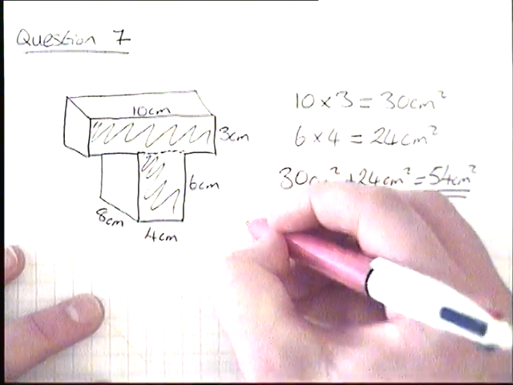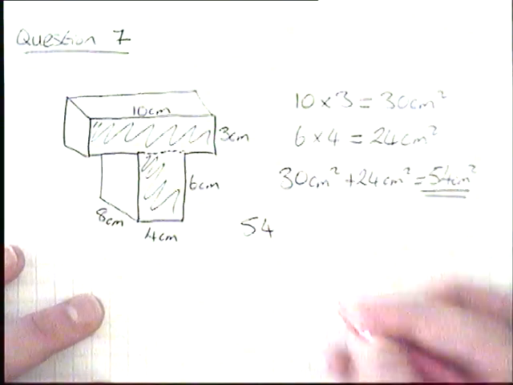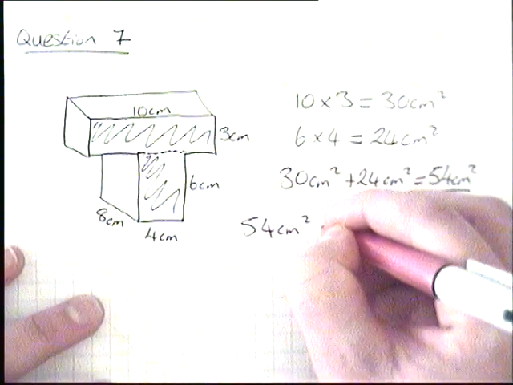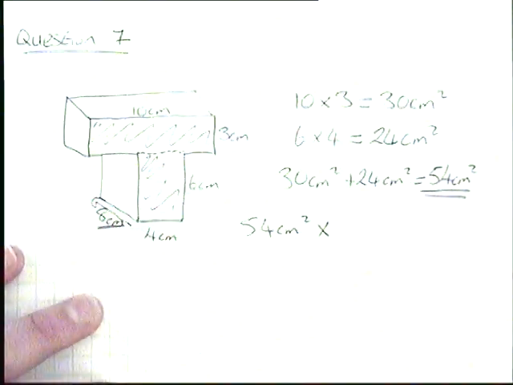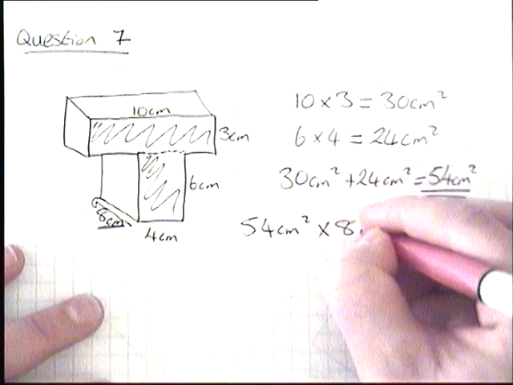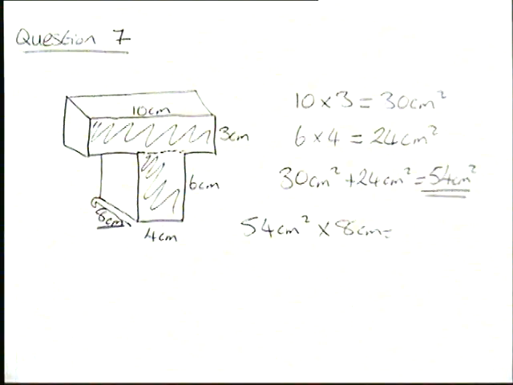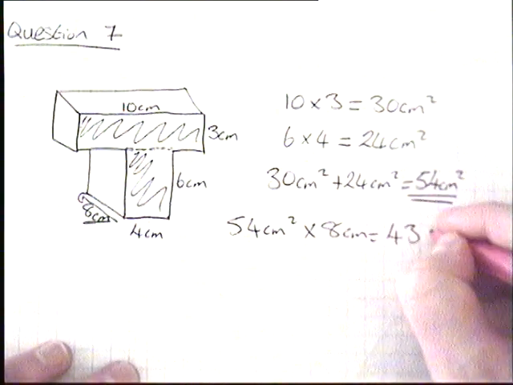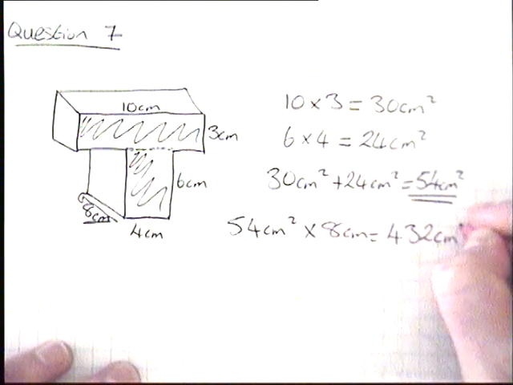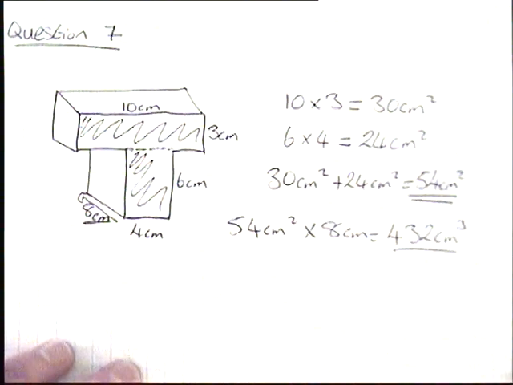Now we can multiply the area of our cross section by the length of our prism, which is 8 centimeters. So 54 times 8 is 432 centimeters cubed.